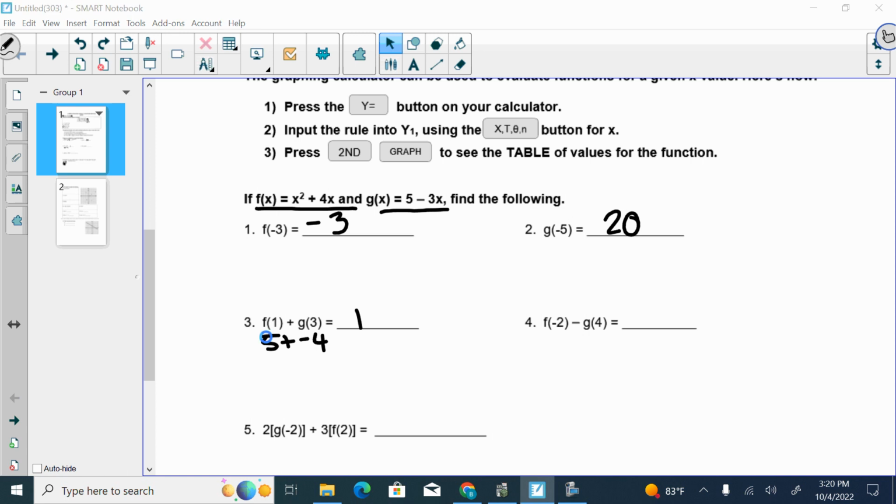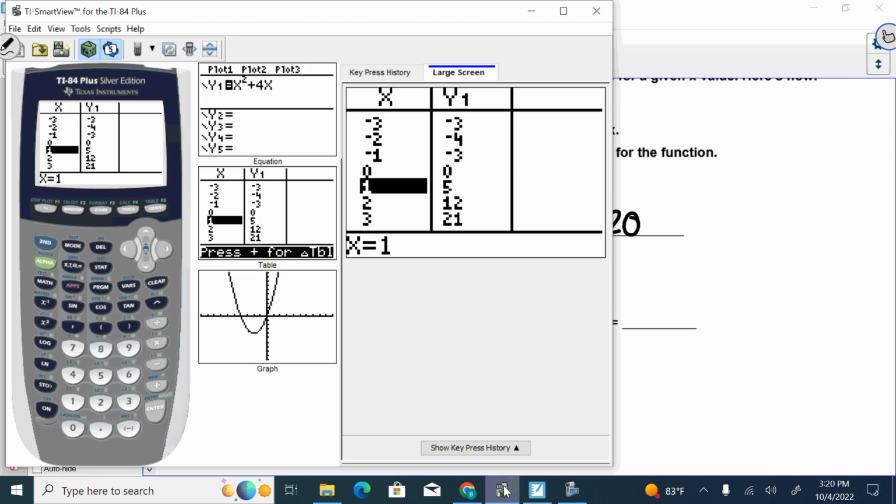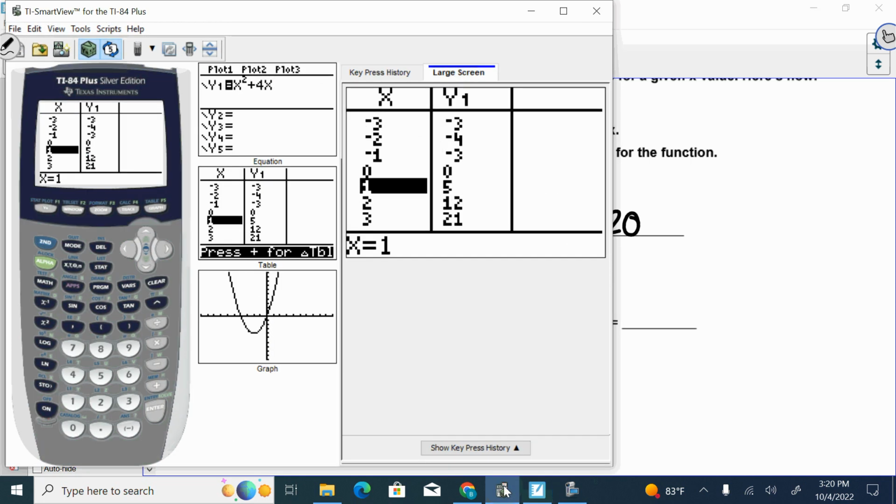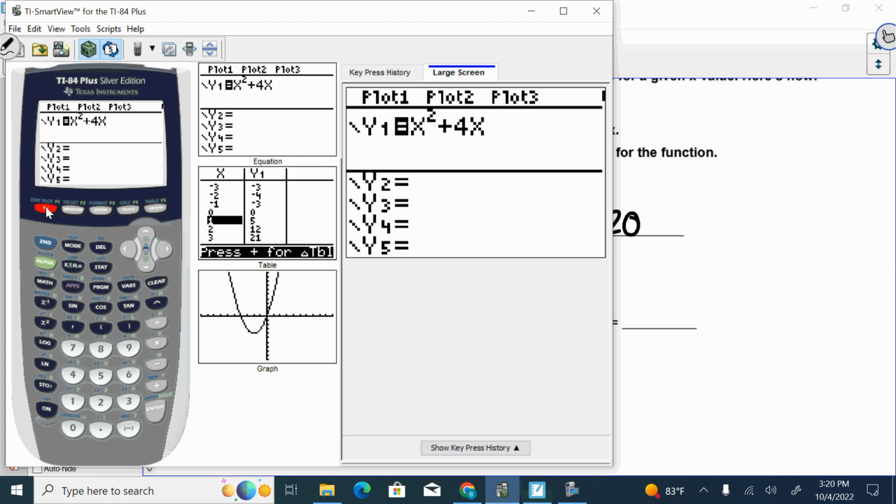So in my calculator, we already have our f plugged in, all right? So when they ask for f of -2, and I look at my calculator's table, when x is -2, what is y? Very good. So this is -4 minus, now I'm going to have to find g. So I go back in my calculator. I'm going to go to y equals and clear out that rule and put in g.